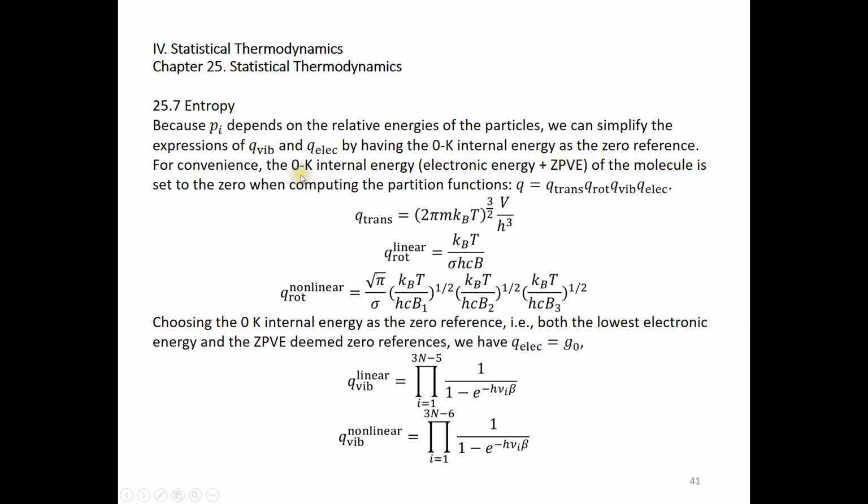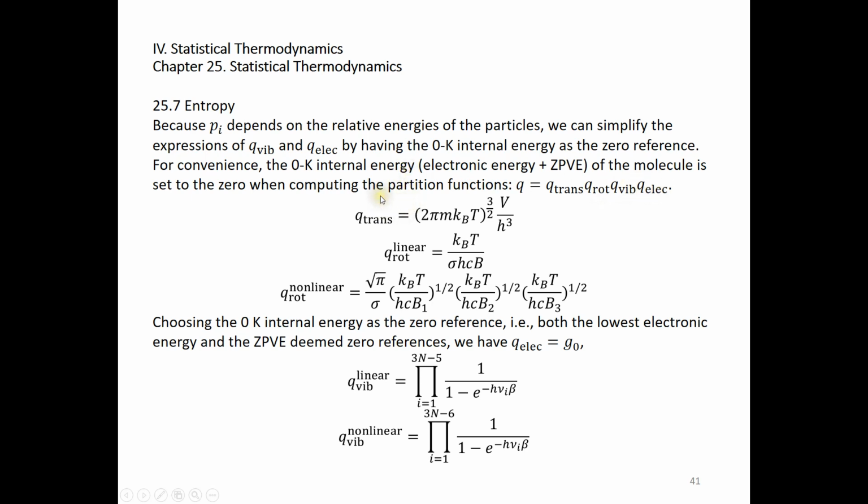For convenience, the 0 K internal energy, which is the sum of the electronic energy and the zero-point vibrational energy of the molecule, is just set to 0 when computing the partition functions for vibrations and electronic. Again, Q is translational Q times rotational Q times vibrational Q times electronic Q.